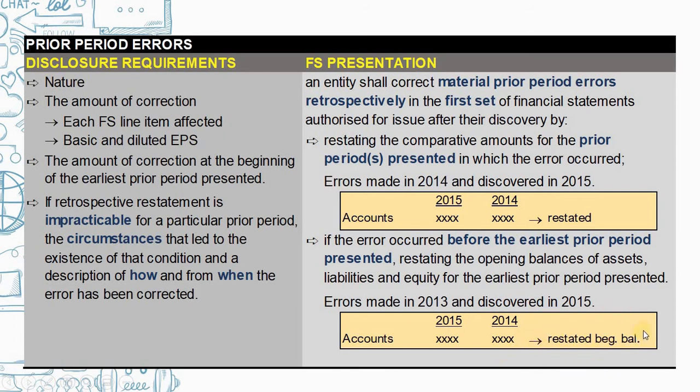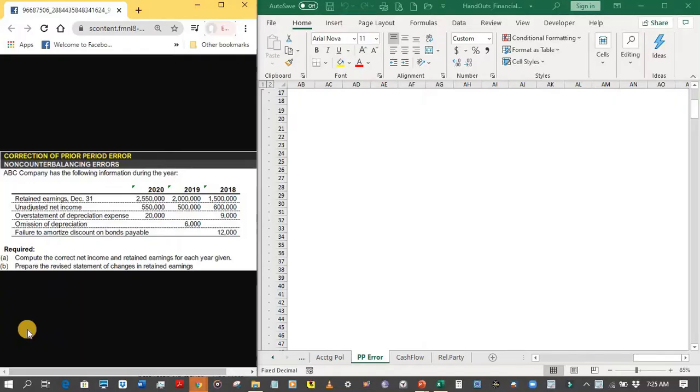So now let us answer an illustrative problem to apply all these concepts about correcting prior period errors. So let us answer a problem on correction of prior period error. So since we have three types of prior period errors, we are going to focus on the prior period error that involves a nominal account and a real account.